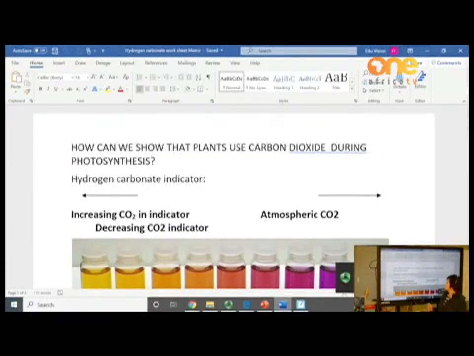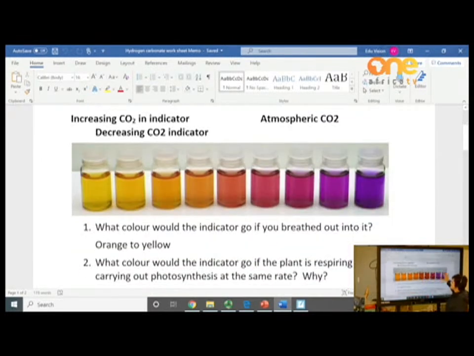You have a worksheet that looks like this. How can we show that plants use carbon dioxide during photosynthesis? And you will see it has this indicator and the range of colors. So it will be a good thing if you can print it out in color, please.